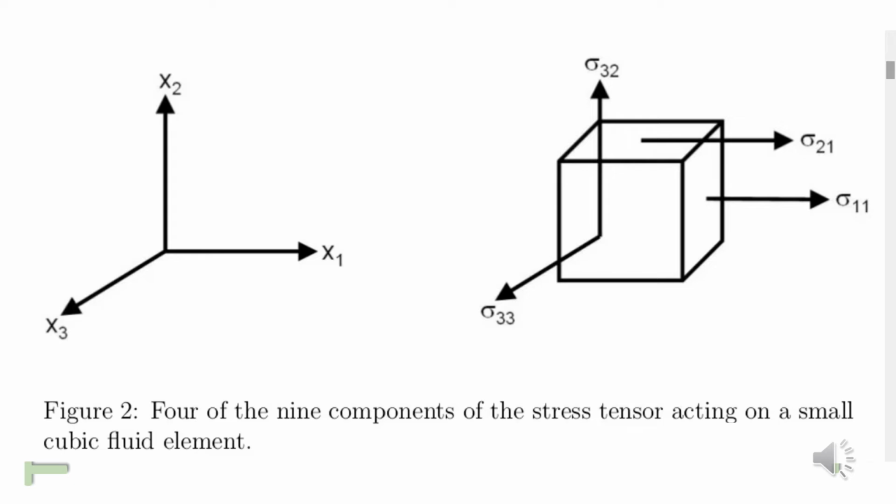As we can see, the normal out of the plane is sigma 21, sigma 11, and so on. Four of the 9 components of the stress tensor are shown acting on the small cubic fluid element: sigma 11, sigma 21, sigma 32 and sigma 33.